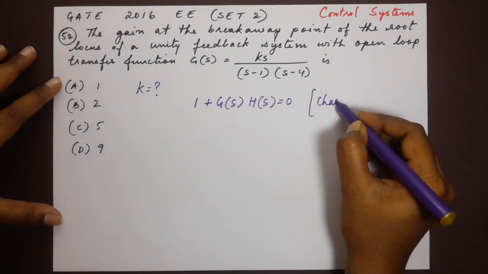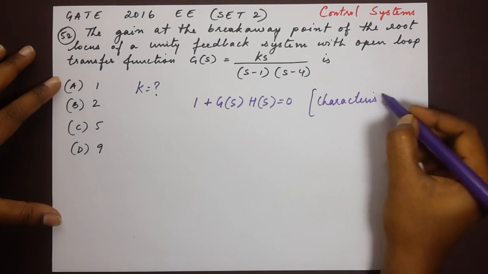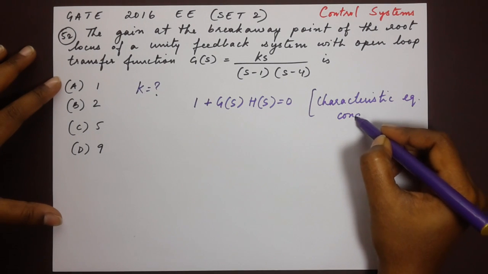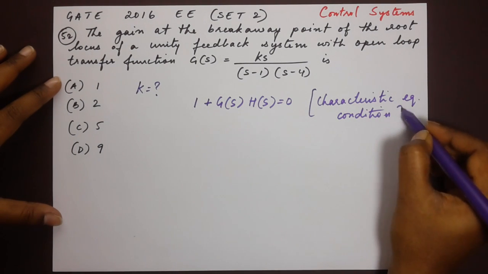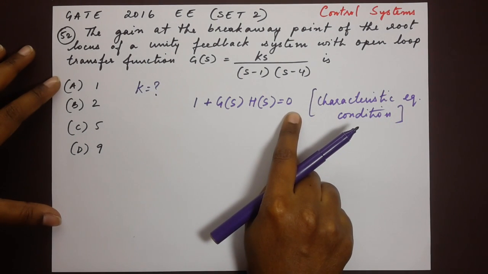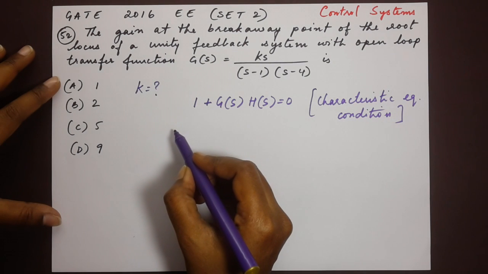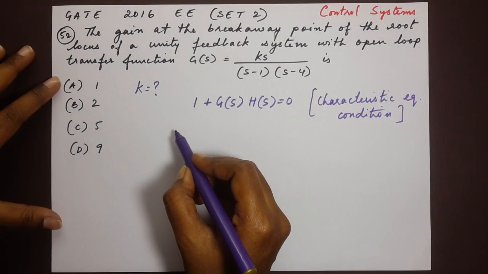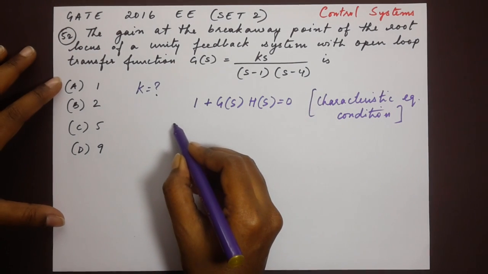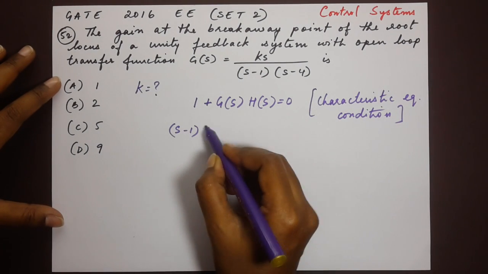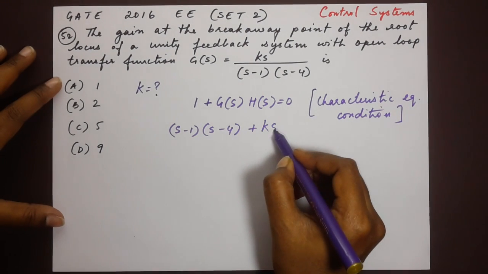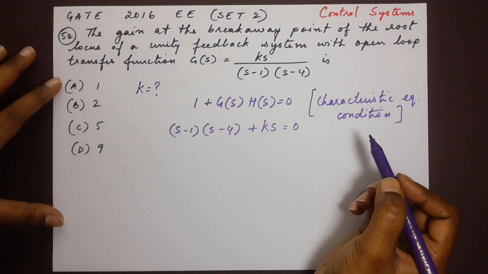This is the characteristic equation, or we can call it a condition: 1 + G(s)H(s) = 0. Now let's work it out with respect to what's given to us over here. We have (s - 1)(s - 4) + Ks = 0.